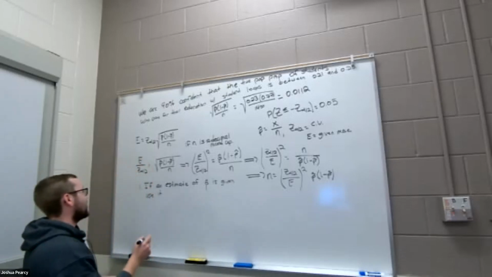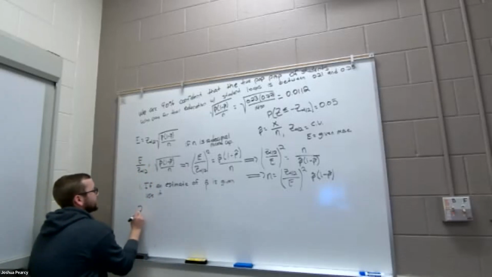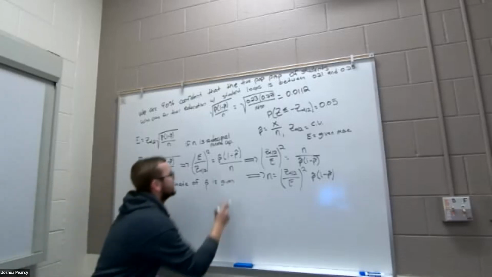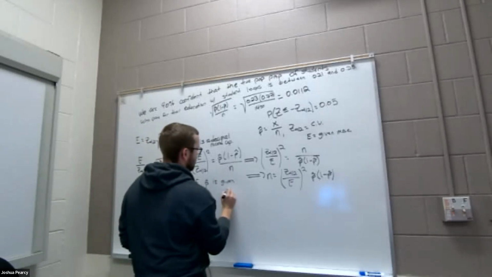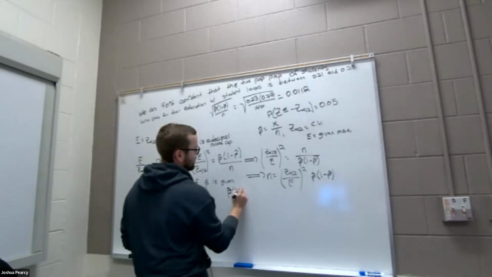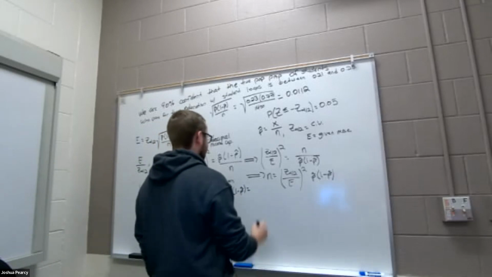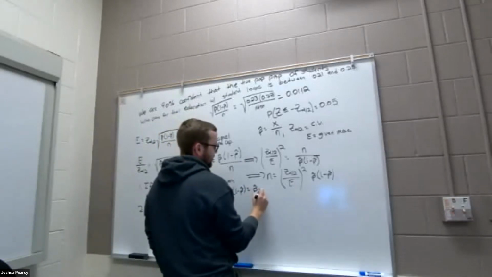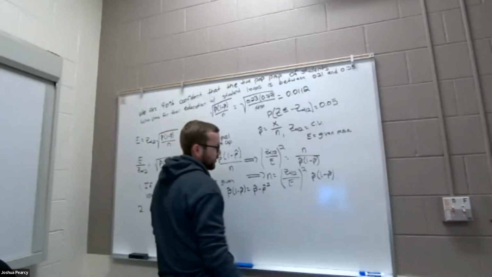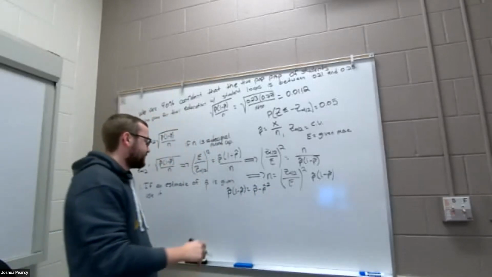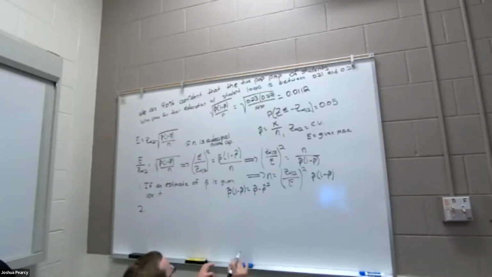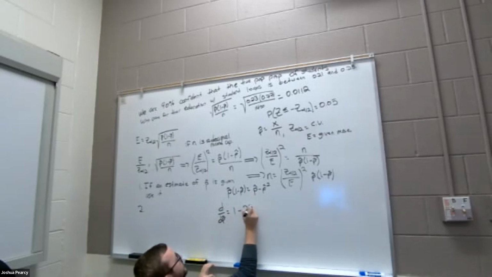For those of you who haven't taken calculus yet, don't worry about this. So do that: p hat times 1 minus p hat. If you multiply it out, that's p hat minus p hat squared. Then if you take the derivative with respect to p hat, this becomes 1 minus 2 p hat.